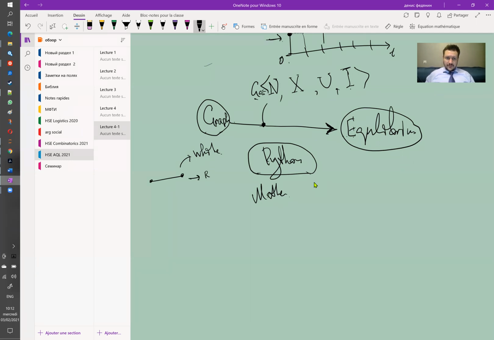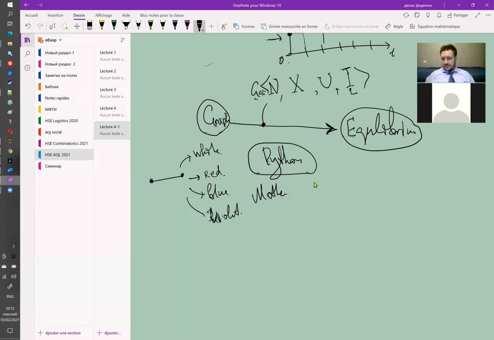It can be red if it is known only by a red player. It can be, for example, blue if it is known only by a blue player, and then violet or black, for example, if it is known by red and blue players, and so on. So it's a coloring, but we can replace coloring by just numbers. It's okay. So this information structure is just some kind of coloring on these graphs.